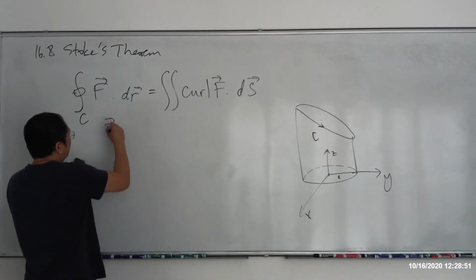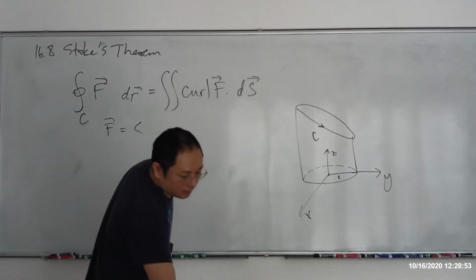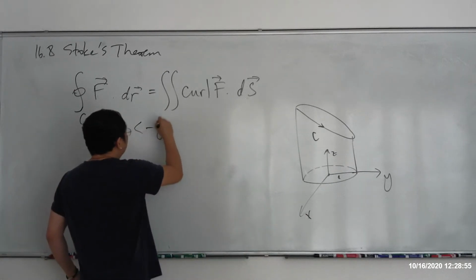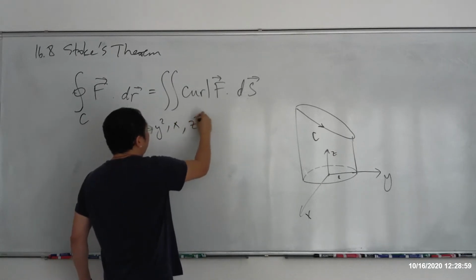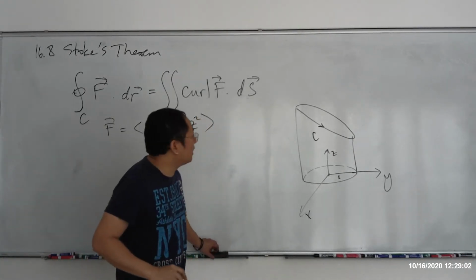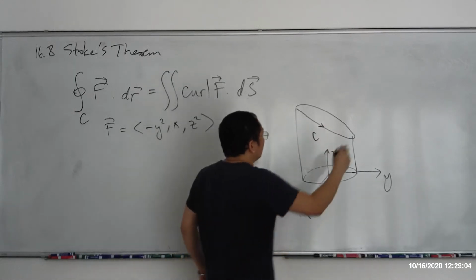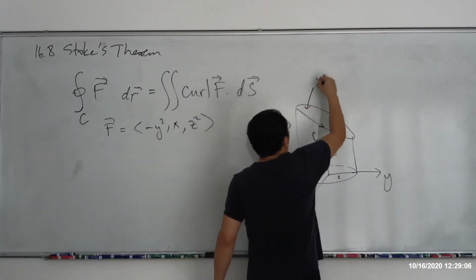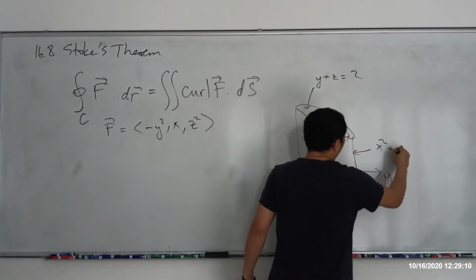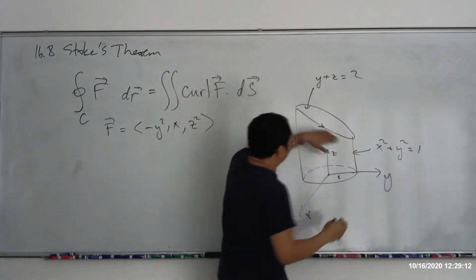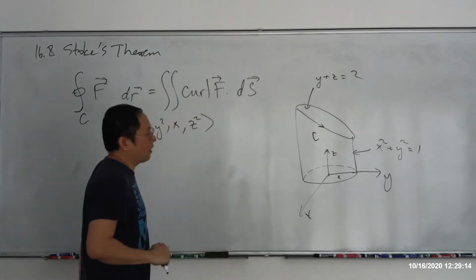F was negative y squared, x, and z squared. And I have the curve right here. I erased it, but I drew it right here. This plane right here is y plus z equal to 2, and this cylinder right here is x squared plus y squared equal to 1. The intersection is going to be the curve C that way.